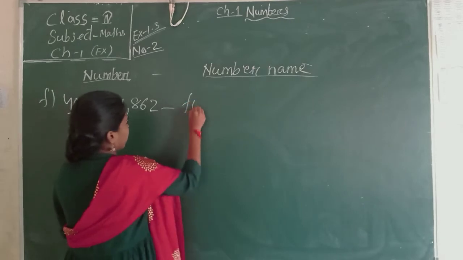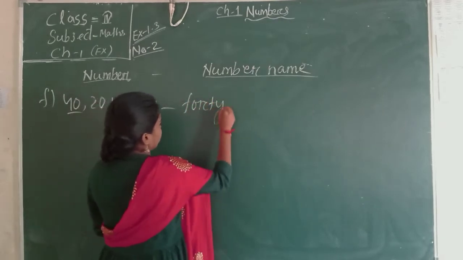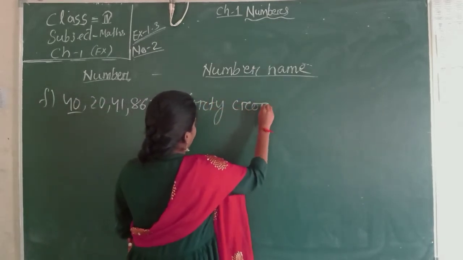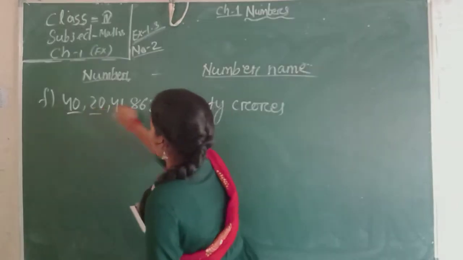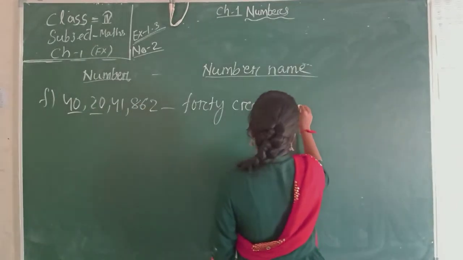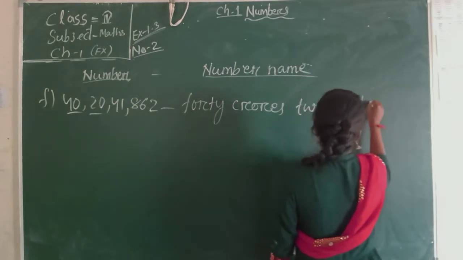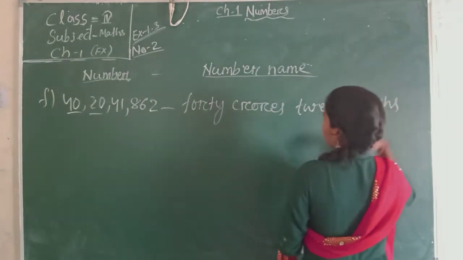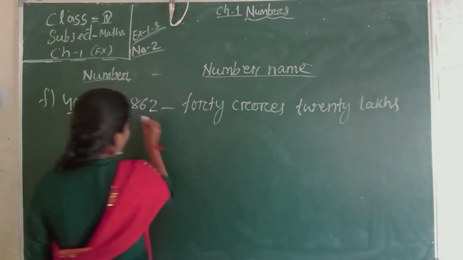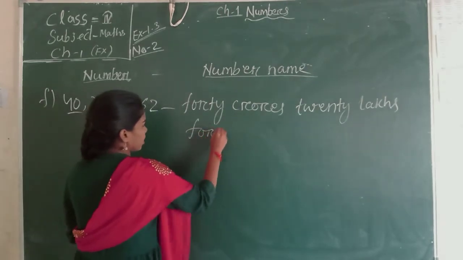So right here 40 crores. Next, in the lakh period there is 20. So right here 20 lakhs. Next 41,000.